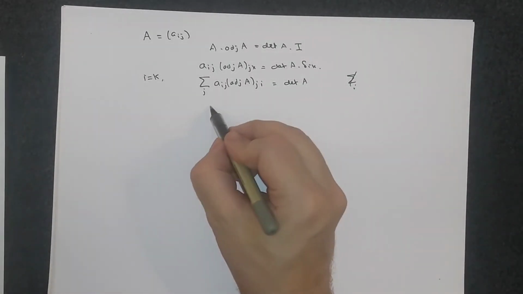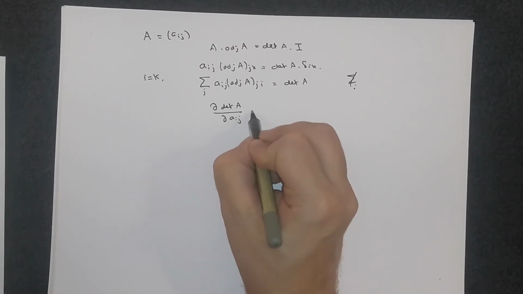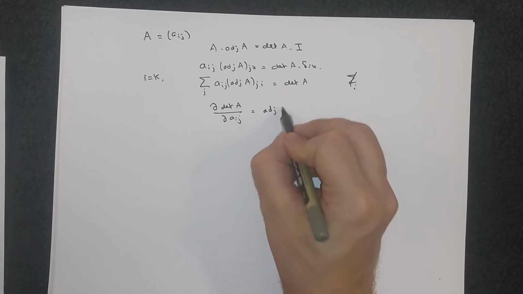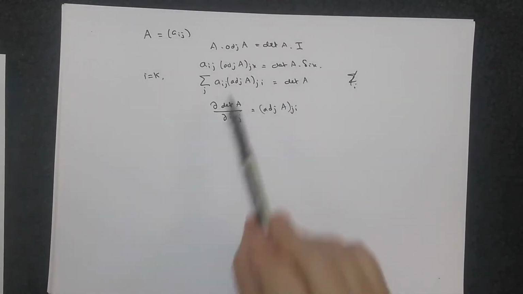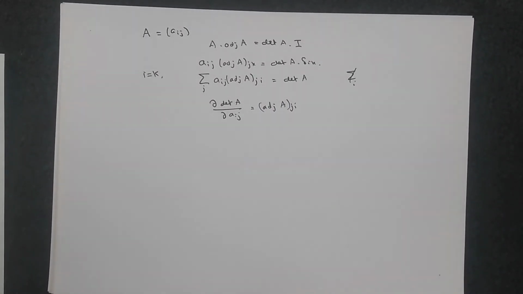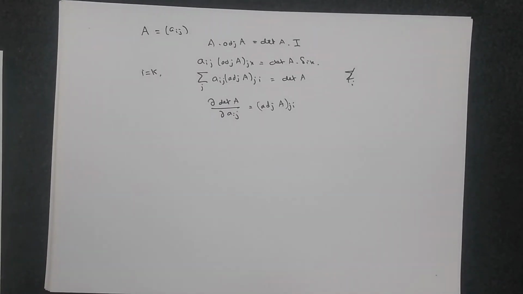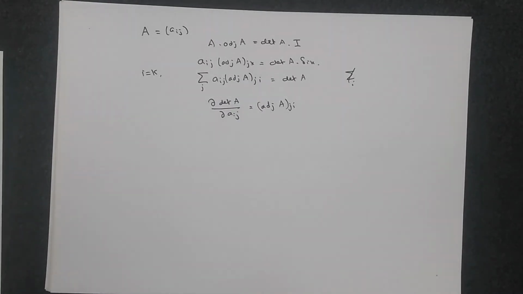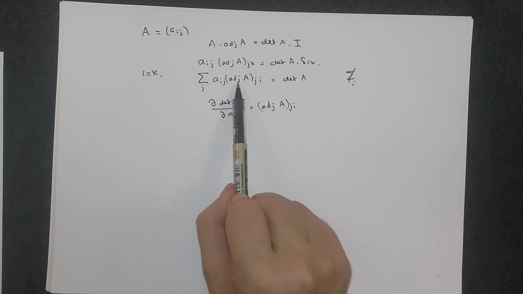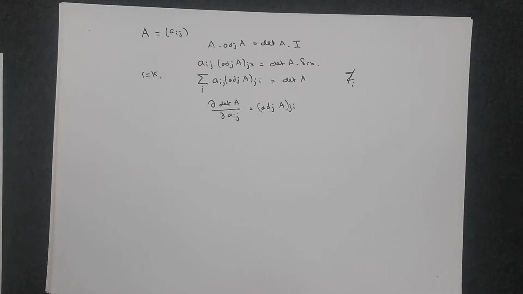Well, this shows that if I differentiate this determinant with respect to A_ij, I just get the adjoint of A_ji. The point is that when you work out the determinant, you cross off the column and row associated with each A_ij and work out a subdeterminant. So this adjoint is a cofactor which doesn't depend on the A_ij. So this expresses the determinant as a linear combination of these objects here.